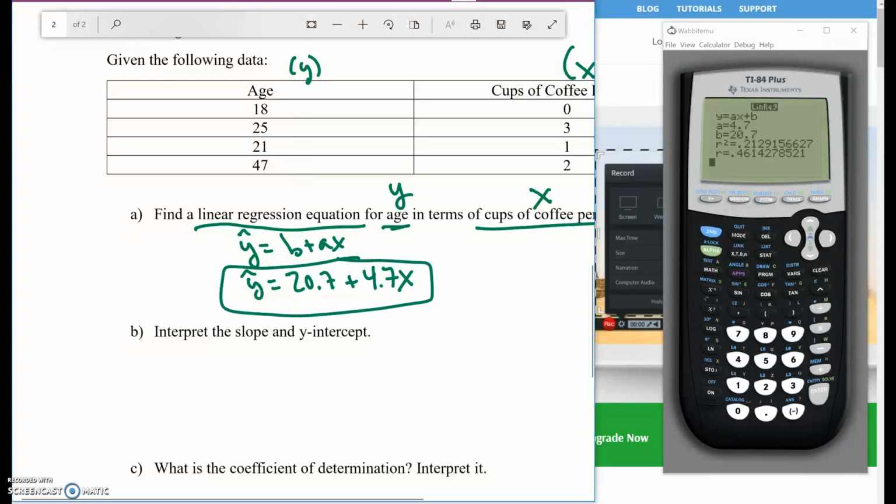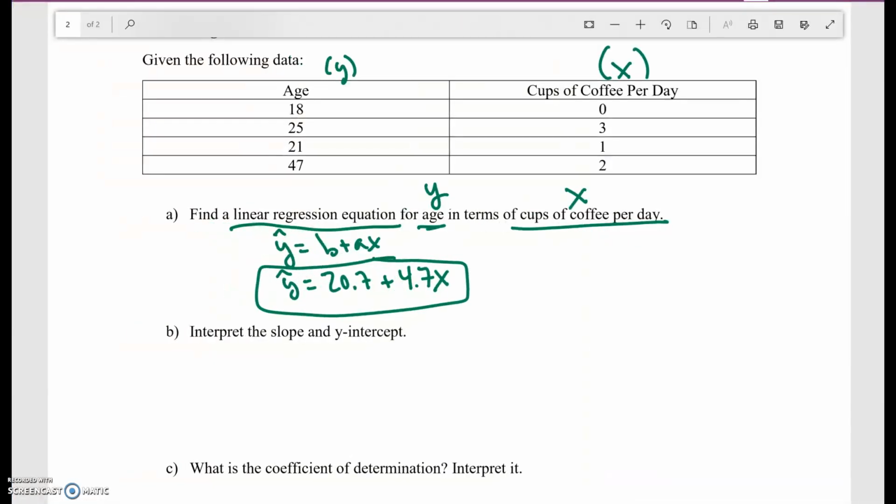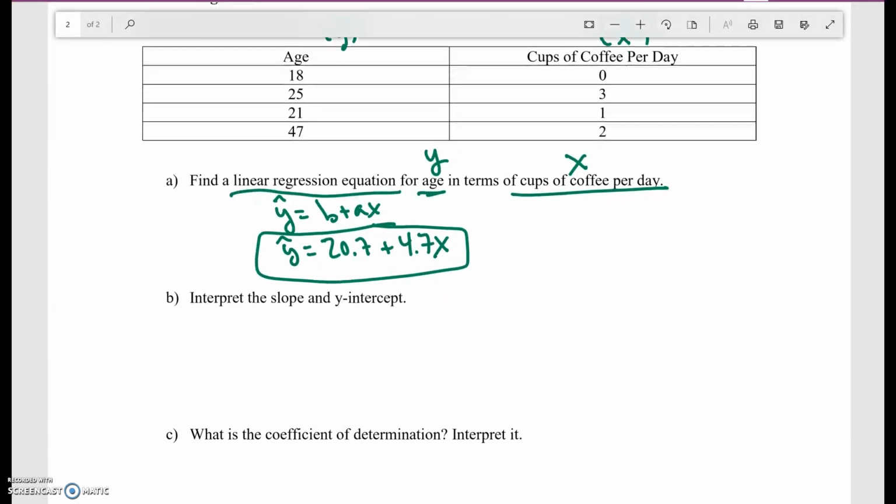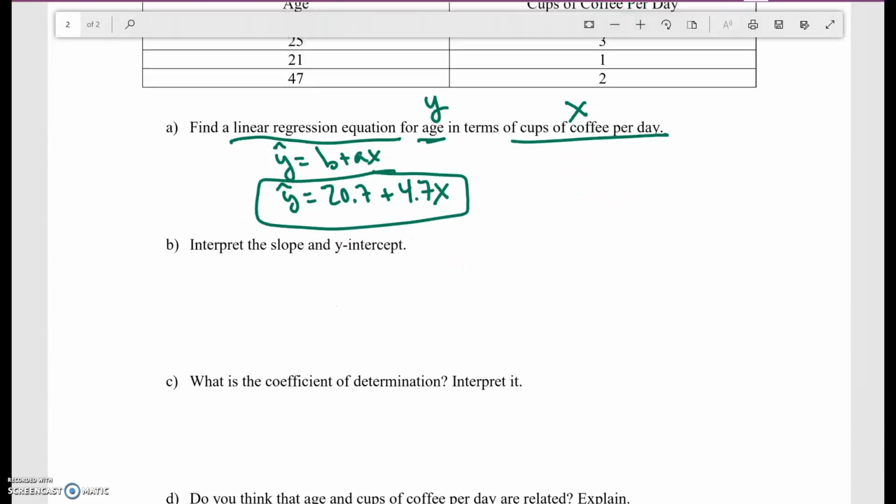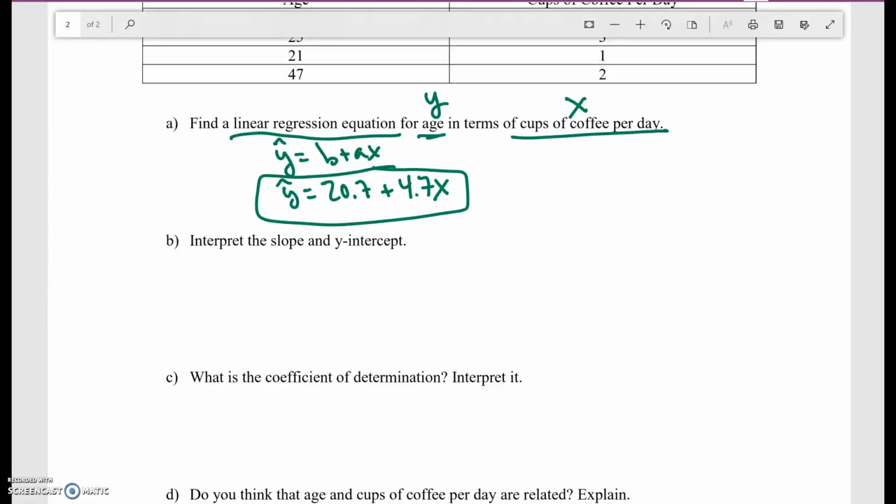Assuming that this is linear, it's not the most interesting question, age with cups of coffee, but whatever. Now we want to interpret the slope and the y-intercept. Let's first start with the y-intercept. The y-intercept tells you that when x is 0, your y value would be whatever the b is.